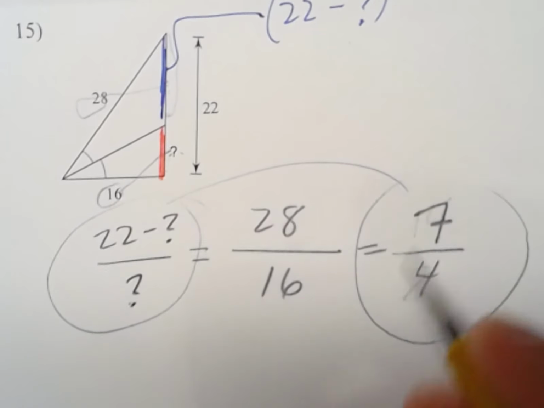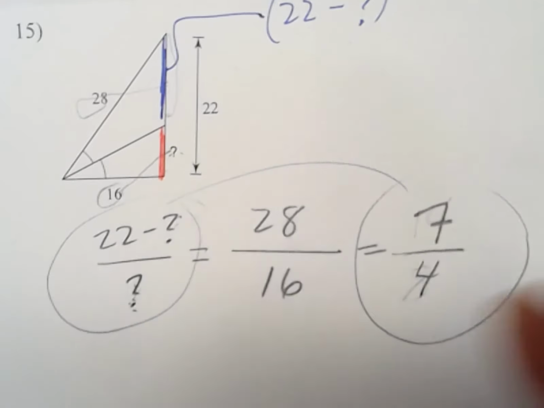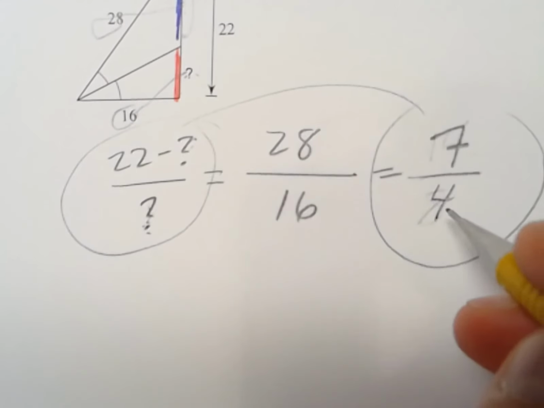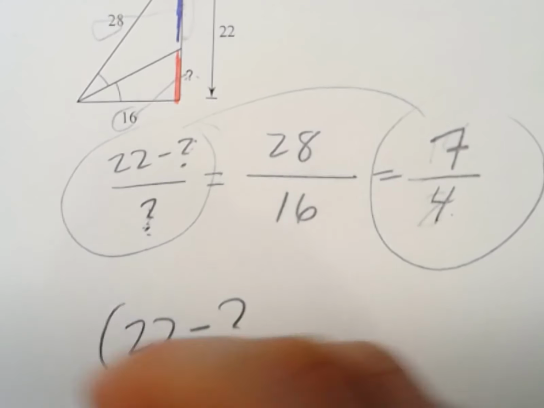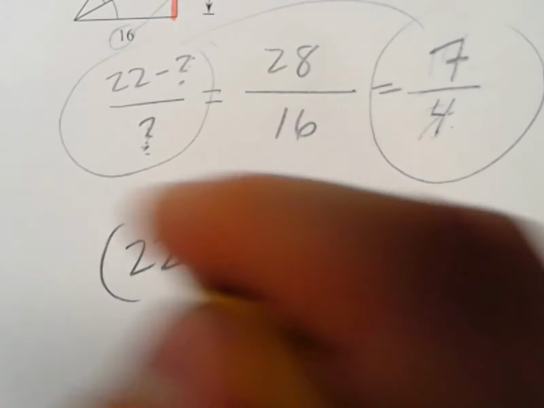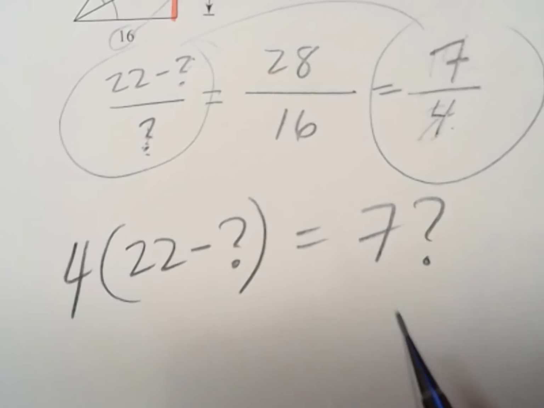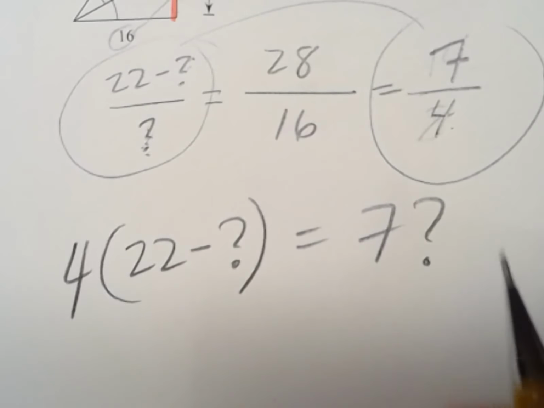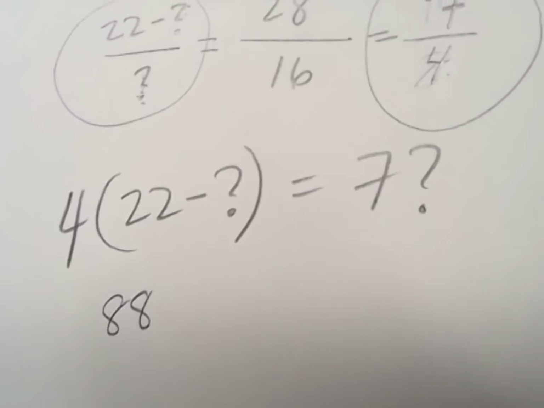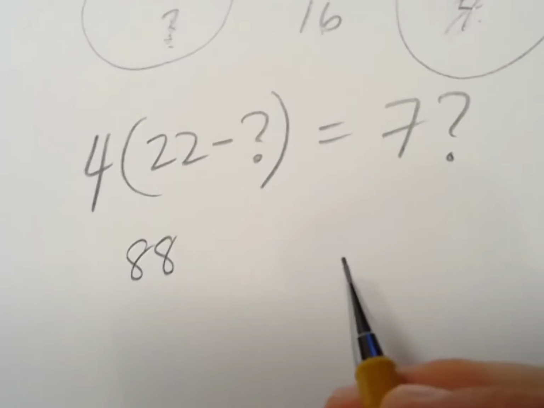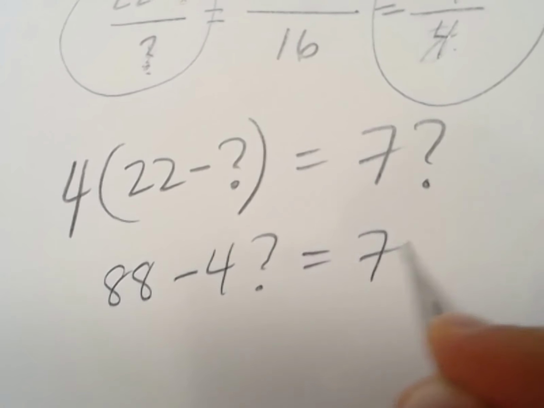So I can cross multiply. I've got two different variables here. I got to get rid of that. So I'm going to cross multiply everywhere, and I'm going to get 22 minus question mark times the 4 from the other denominator equals 7 question mark. Multiplying through here, I don't see a better way to do this. So it looks like 88 minus 4 question mark equals 7 question mark.